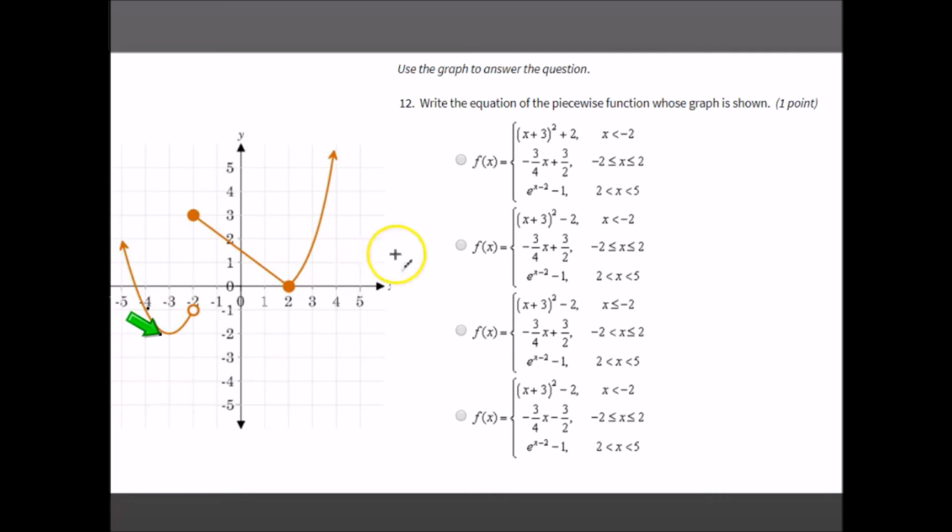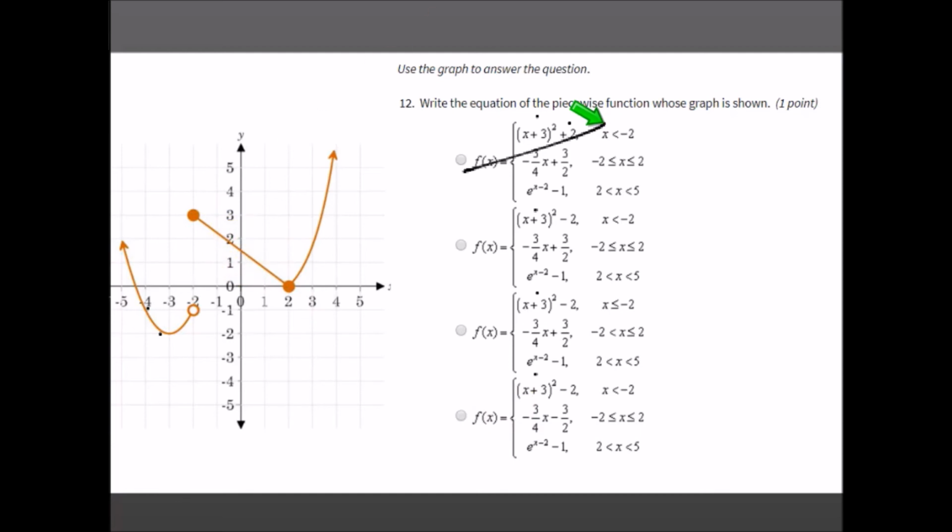Now, when I look up at answer choice A, that vertex is at (-3, +2). B and C and D each have them at (-3, -2). So we now know A is not in our answer choices.